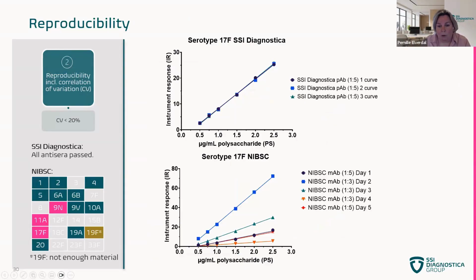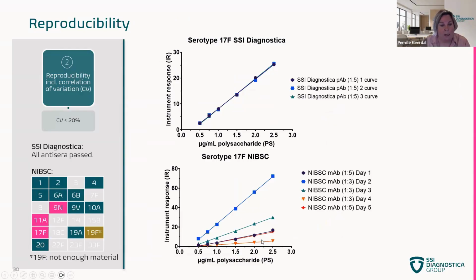Then we looked at the reproducibility. We took the ones which passed the first step and put them over to the reproducibility testing. Here we also saw that 3 of the serotypes were not able to be reproduced. We had a large scattering of the standard curve. We tested it over multiple days. We tried new dilutions, still not.